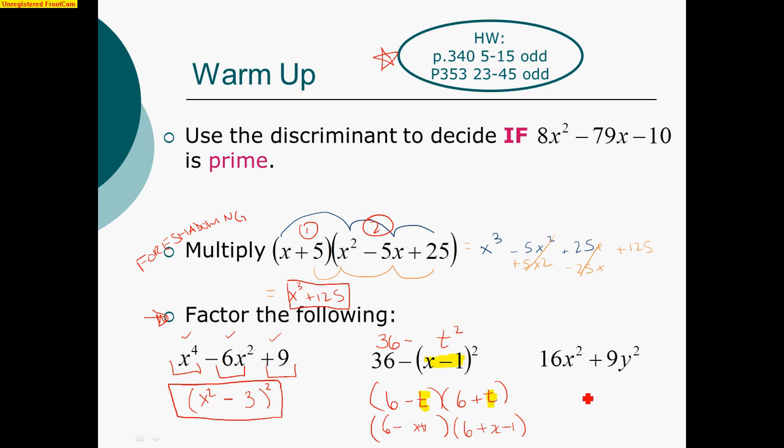Done. Now this one I started to get all excited about because, oh, this is going to be easy. Look, 16x squared is a perfect square, and 9y squared is a perfect square, but there's a sum here. The sum of two perfect squares is prime.